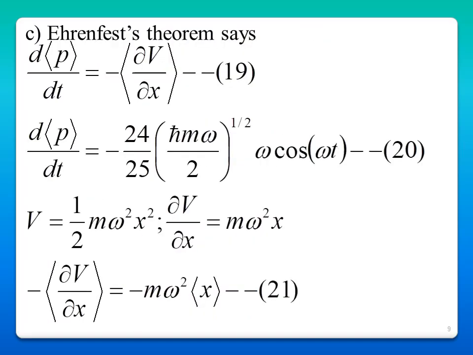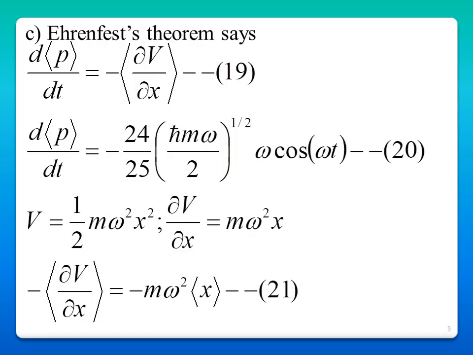Now we have to verify the Ehrenfest theorem. It is differentiation of expectation value of p with respect to time is equal to minus the expectation value of dou v by dou x. So you know the value of expectation value of p, and substitute, we can get minus 24 by 25 h cross m omega by 2 whole power half omega cos omega t, and the potential energy is half m omega squared x squared.